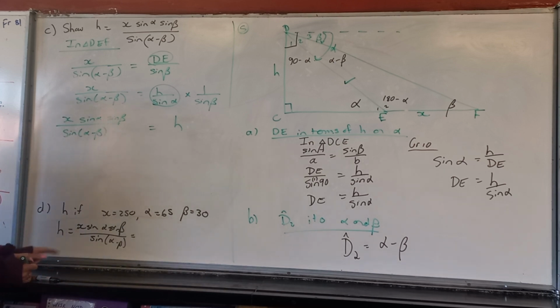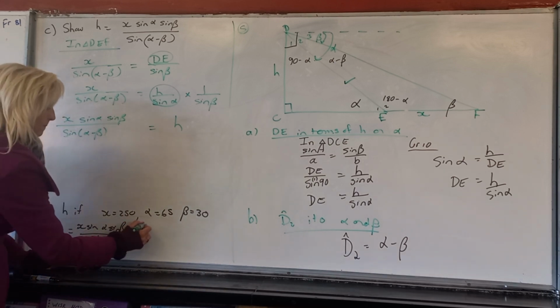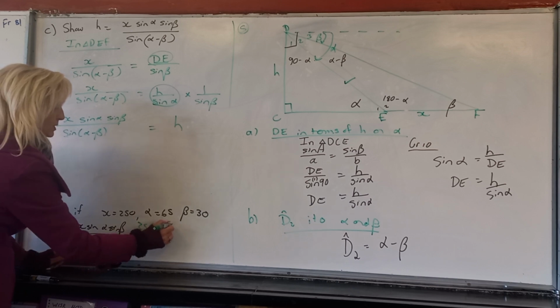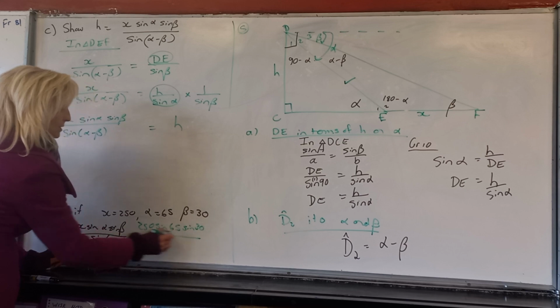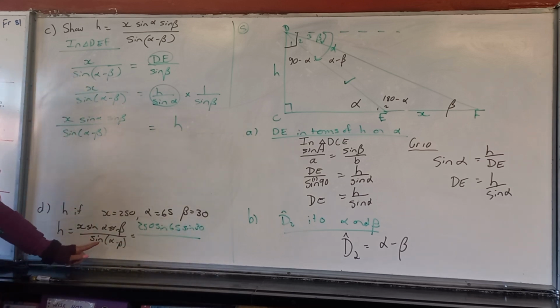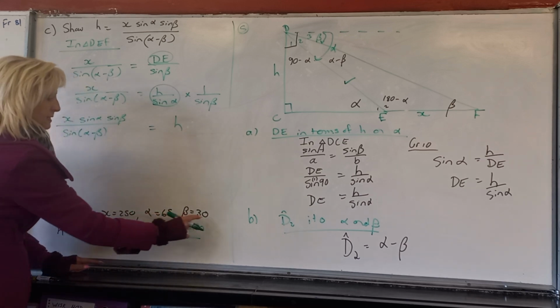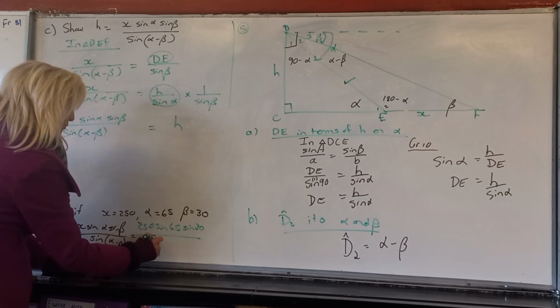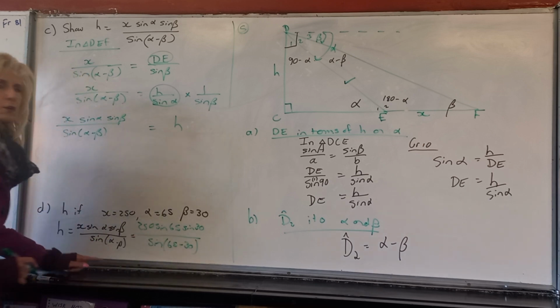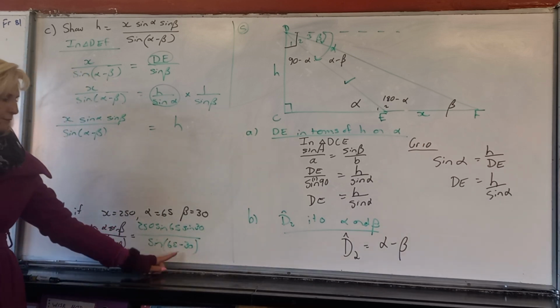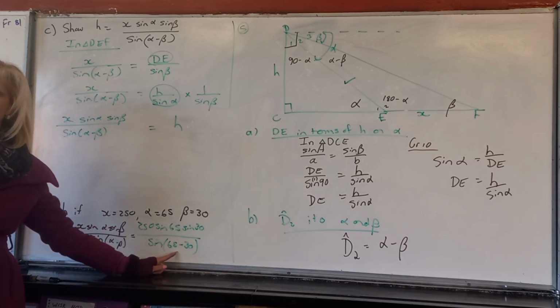So to substitute, the X would have been 250. Sin of alpha, which is 65. Sin of beta, which is 30. And because I don't have a lot of space, sin of alpha minus beta would be 65 minus 30. Or if you really want to write it, it's fine, 65 minus 30, no problem. Because I just need the answer. You don't really have to show me that this is 35.